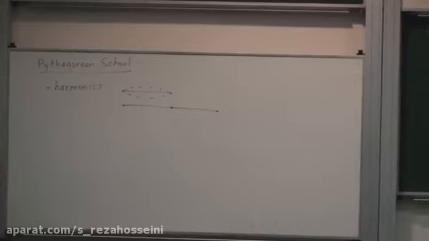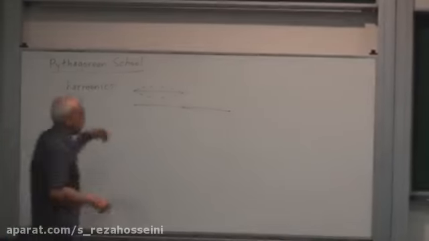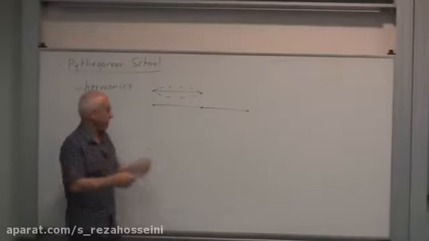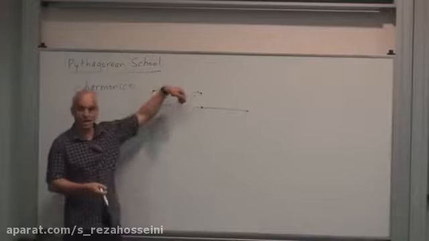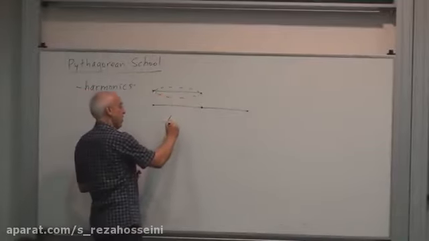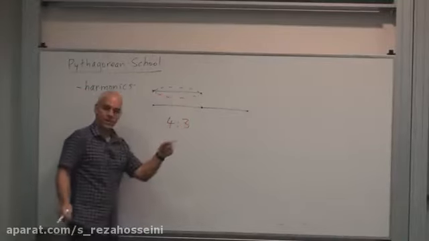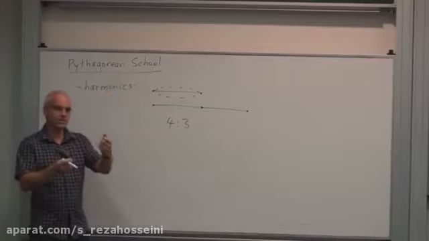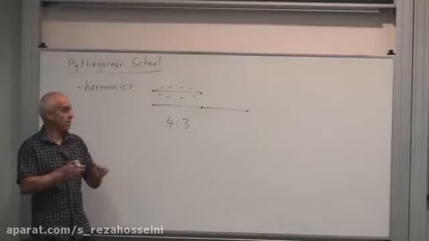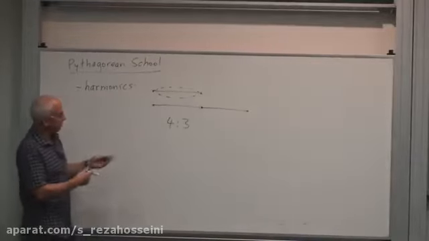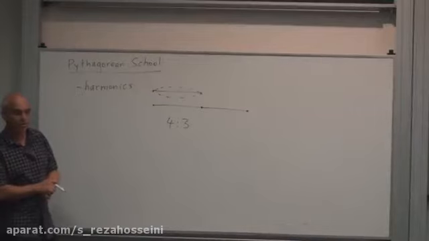If you halve it, you go up an octave. They also discovered that a perfect fifth was given by another proportion. I can't remember offhand what it was. A perfect fourth is another proportion. Proportions between whole numbers had direct connection with musical notes. So they had a kind of a theory of music based on the ratios of whole numbers.